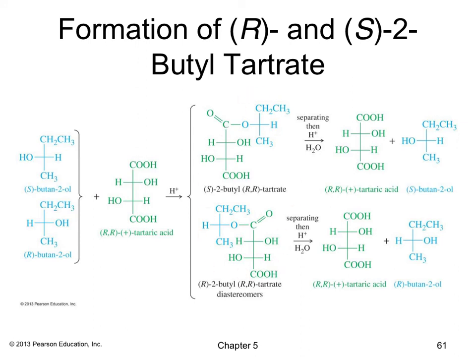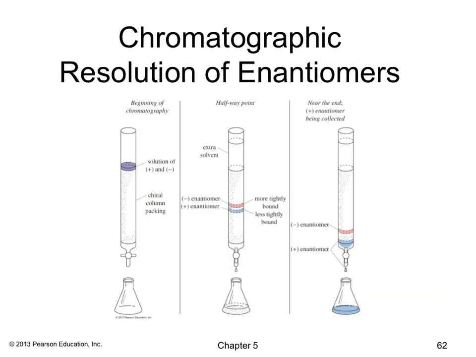Then you can separate them, and then hydrogenate so that you separate back into the RR tartaric acid and the alcohols we're starting off with, the butanols, so that once you separate these out, you can isolate them as separate entities.